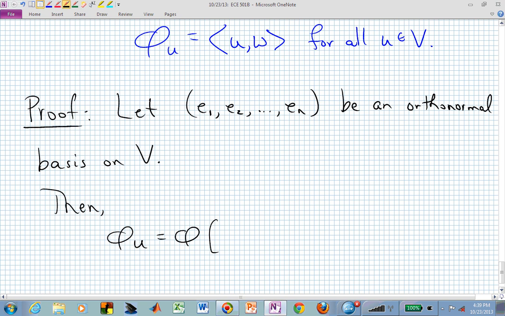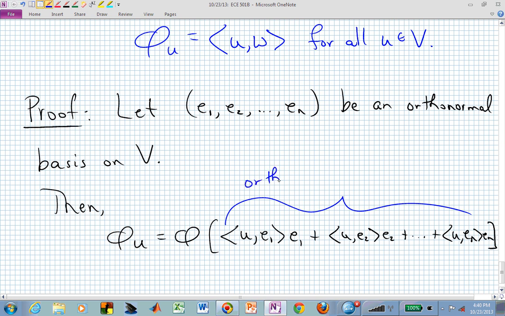And how do I do that? Well, I take the inner product of U with E1 and scale the vector E1. Then I take U with E2 and use that to scale E2, and I just keep going. So now, really, all I'm doing is an orthonormal decomposition of this vector U that I started with.